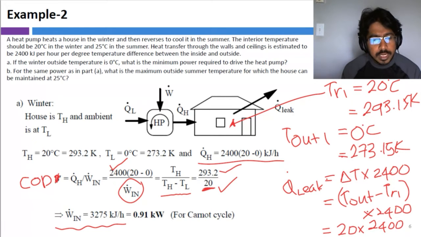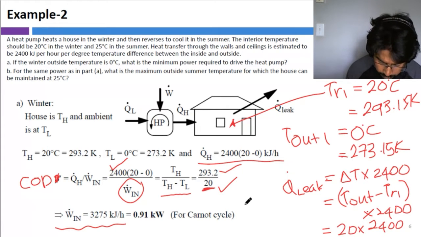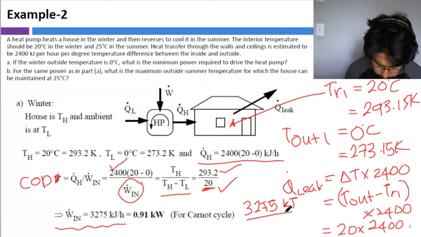So if you want to convert this answer to kilowatts, what you do is 3275 kilojoules per 3600 seconds.